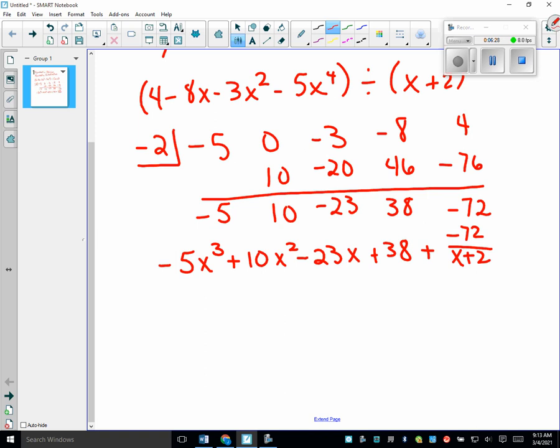It takes longer to set up, but once you get going, I think it's way faster. I don't have to think, what do I multiply this to get this? Once I bring that number down, I just go.